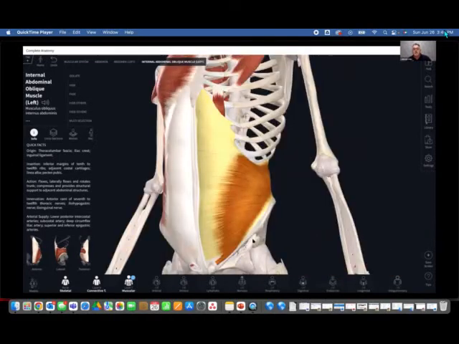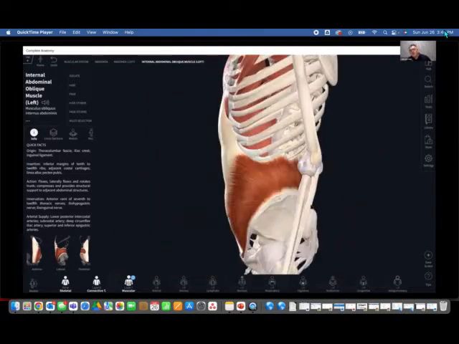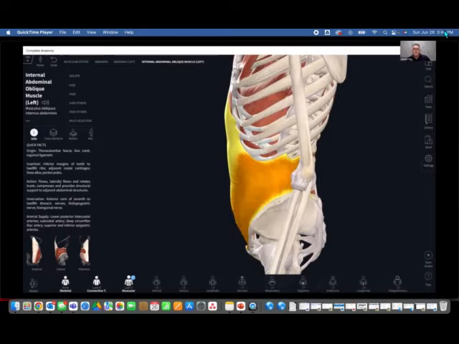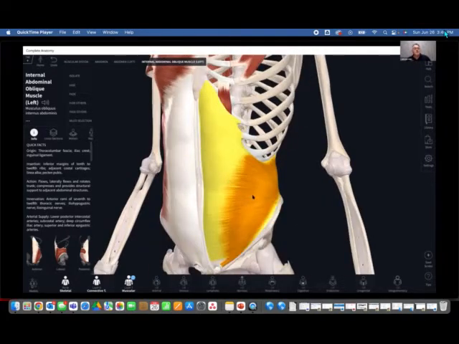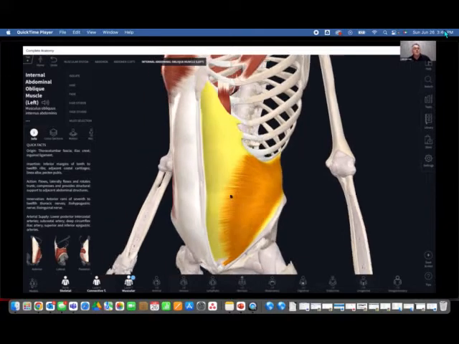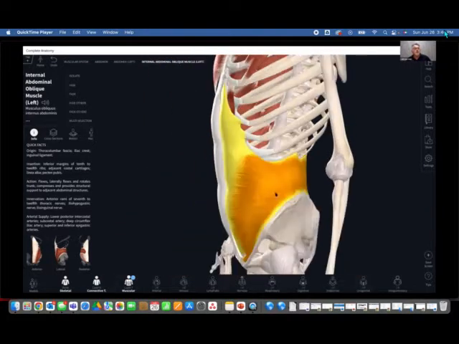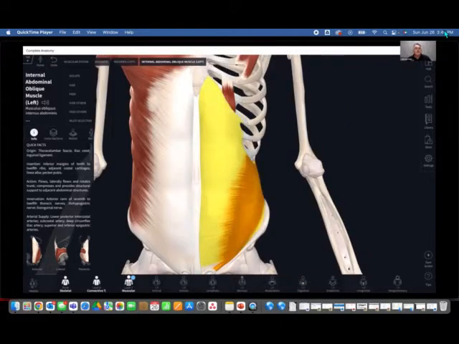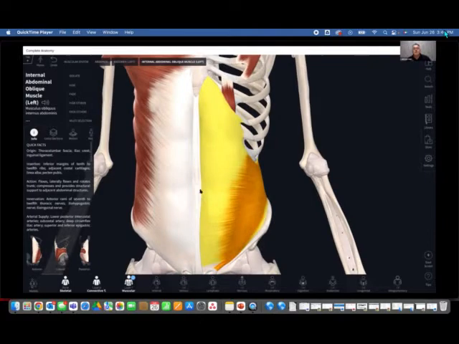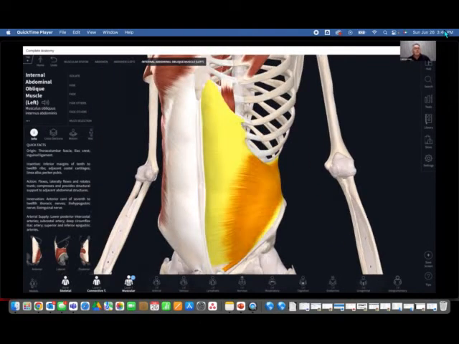Okay, so right this entire crest at the ilium. It inserts into the inferior margins of the 10th to the 12th ribs, the adjacent costal cartilage, the linea alba, and the pecten pubis. So we have both of these structures terminating into the linea alba, which we will talk about just a little bit later.